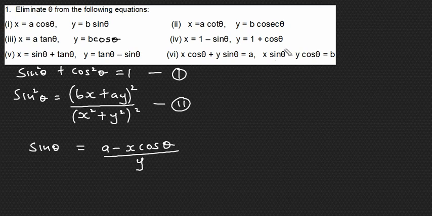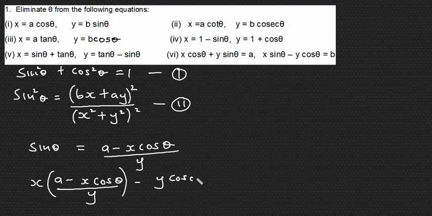Then I come in this second equation where there is sine, I put this. Then I'll be having x, where there is sine, I'm going to substitute with a minus x cos theta divided by y, then minus y cos theta equal to b. As I did, I'm going to multiply with y throughout so that I get rid of this denominator. Then I'll multiply x in the bracket.